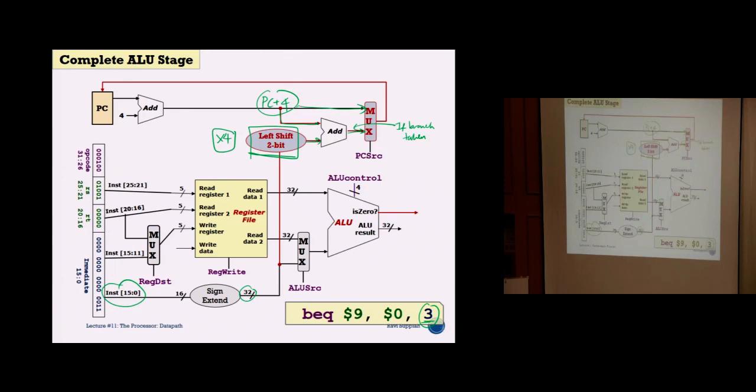Then I make a selection based on a control signal called PC source. This control signal tells my processor whether to take the branch or not. That is the implementation of the branch. So PC source is the control signal to select either PC plus 4 or the branch target.